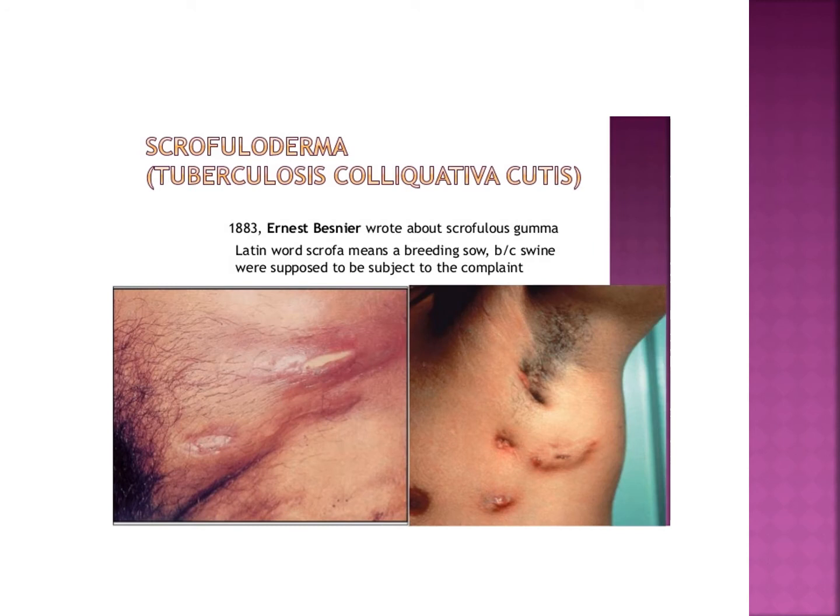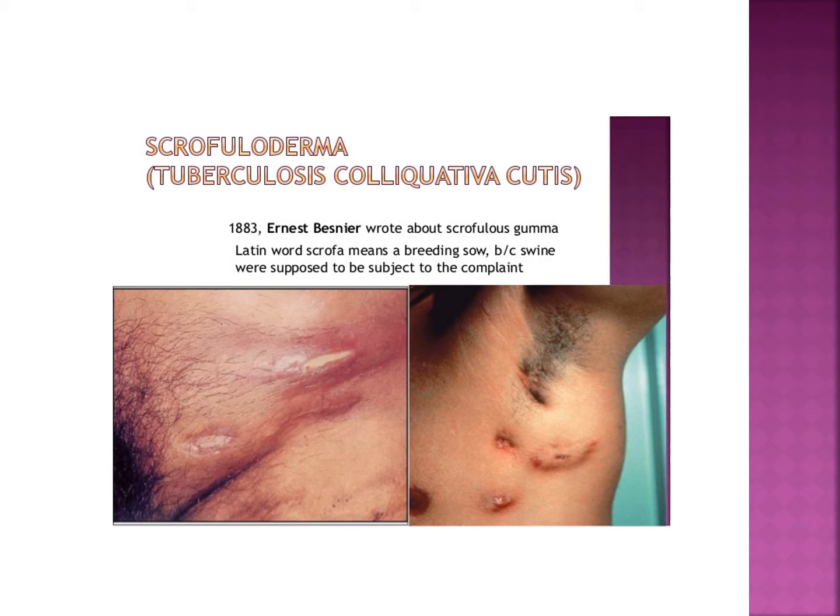So here, as we had discussed, scrofuloderma is a type of cutaneous tuberculosis where the actual source of infection is near the lesion which you are looking at. And here is the typical picture and example of that. This is called scrofuloderma.